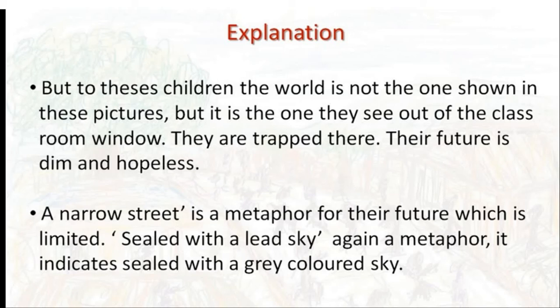What the poet is trying to say here, when the poet speaks about the open-handed map, he is actually hinting at the two worlds, the world of the rich and prosperous, and the world of the poor people, that is the deprived people.